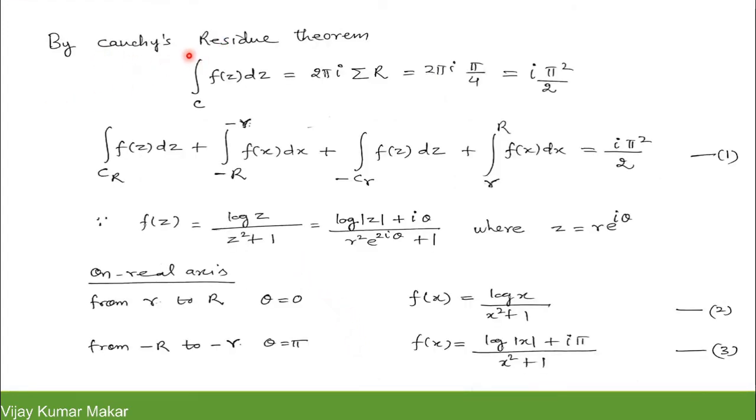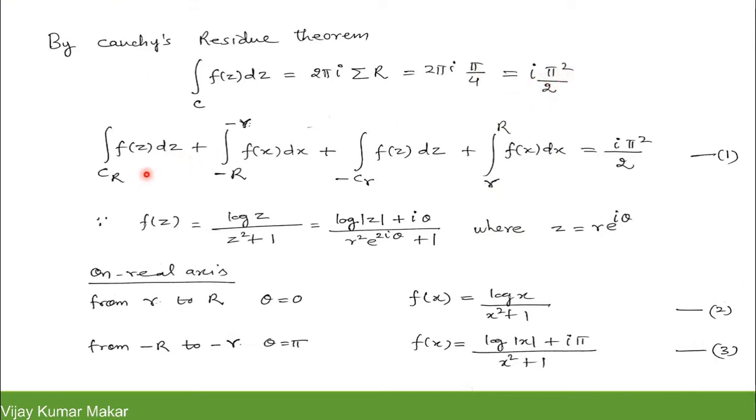Now we apply the Cauchy residue theorem. We know that the integration over C of f(z) dz is equal to 2 pi iota times the sum of residues, and we calculated the value of the residue as pi by 4. We put it here, and this result is iota pi square by 2.